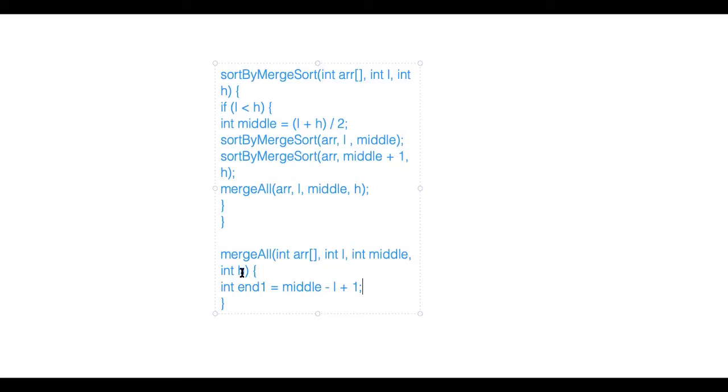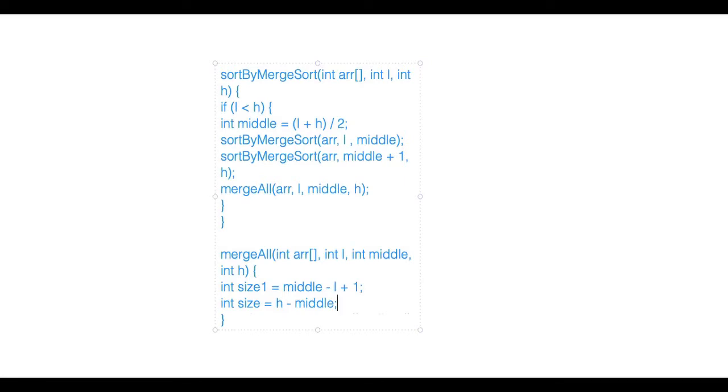What will be the size of the first array? 0 to 2, which is 3. So n1 is 3, the size of the first array. And similarly, the size of the second array will be high minus middle.